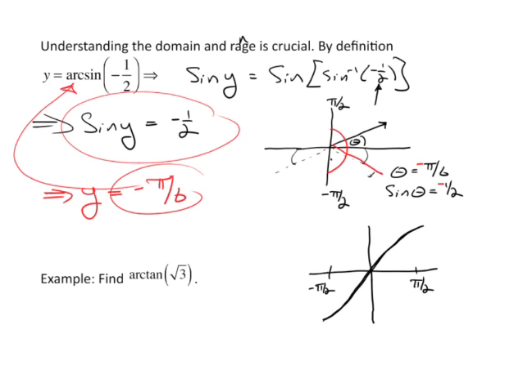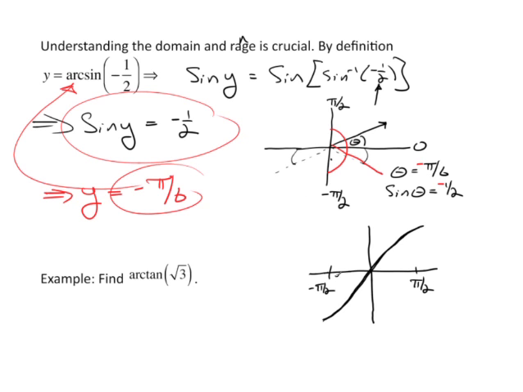This domain corresponds to the fourth and the first quadrant, because as you recall, this is 0 degrees, and when I go clockwise, I'm doing negative radians. When I go counterclockwise, I'm doing positive radians. So the restricted domain of negative pi over 2 to pi over 2 is right here.